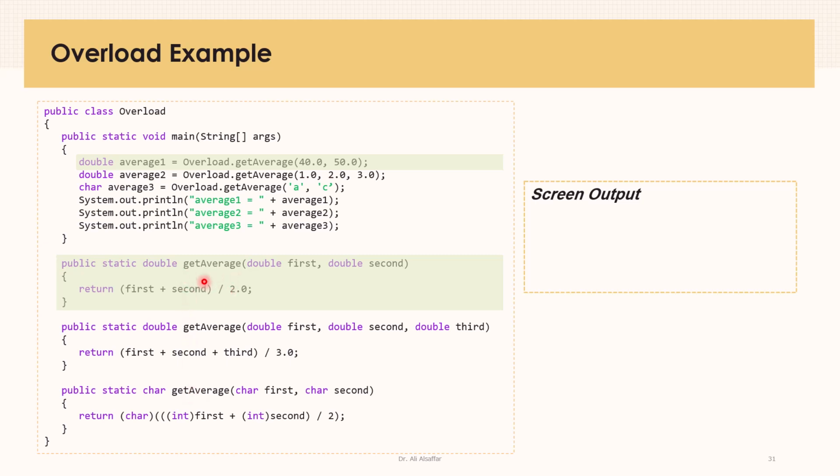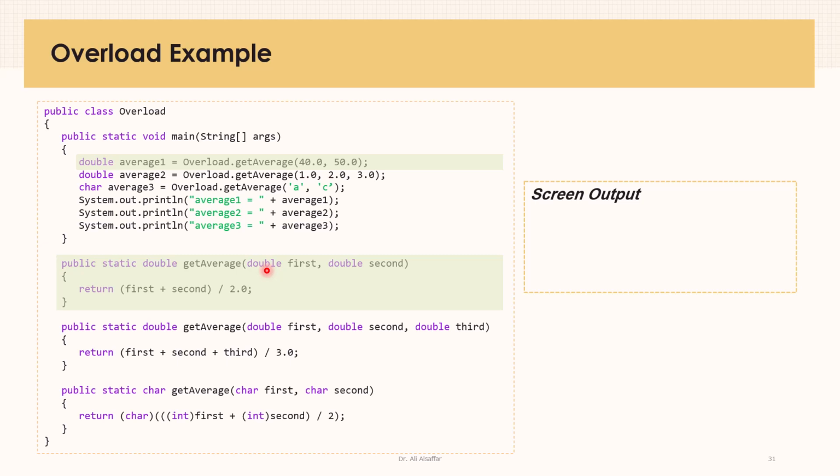The purpose of these three different definitions for the same method is to find an average between numbers. The first method finds the average between two numbers. The second method finds the average between three numbers, and the third method finds the average between two characters. Notice that all of them have the same name, but the compiler distinguishes between them by the parameters.